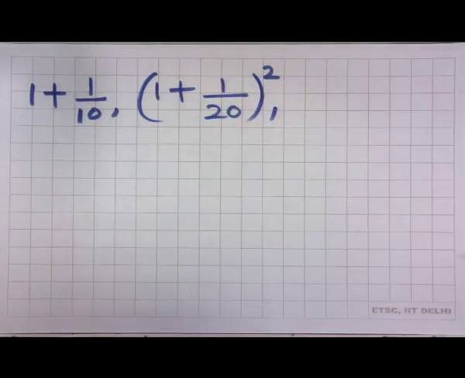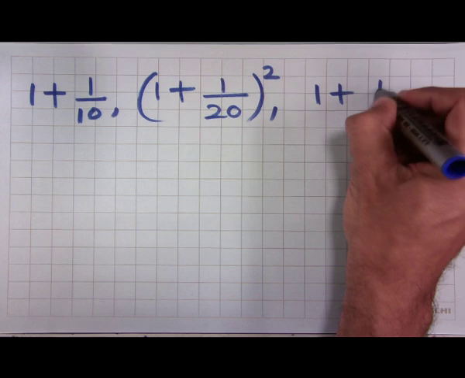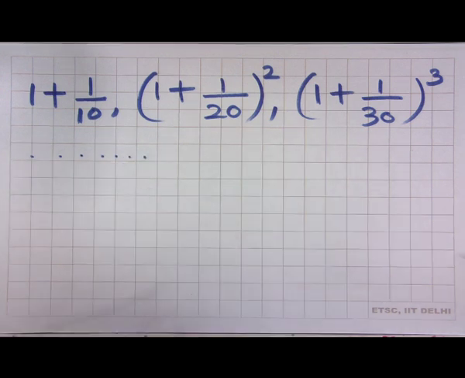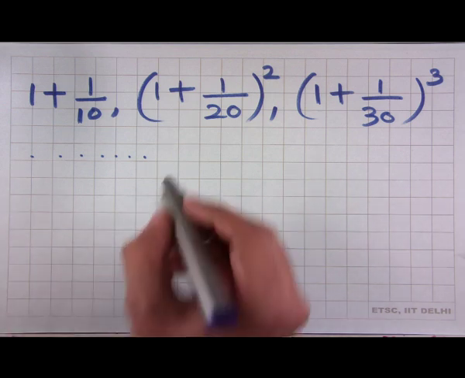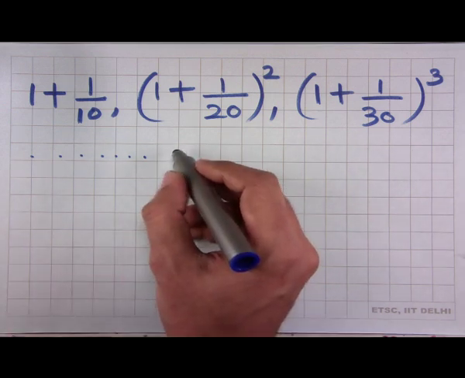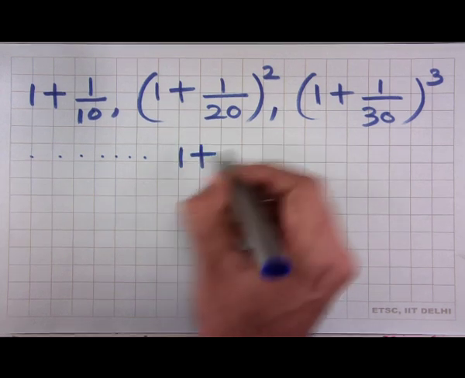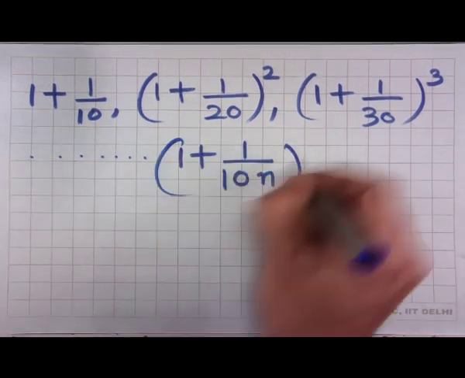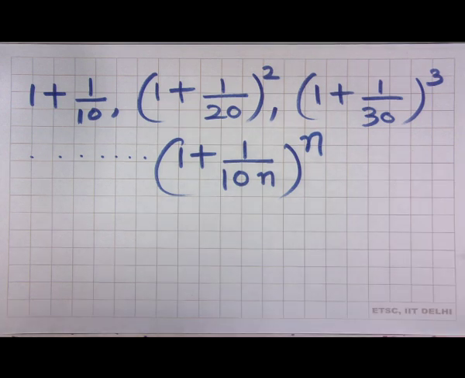The amount that the depositor gets if the bank calculates compound interest compounded thrice a year will be 1 plus 1 by 30 the whole cube, etc. If we assume the bank compounds interest n times a year at equal rest, then the amount obtained will be 1 plus 1 by 10n the whole power n.